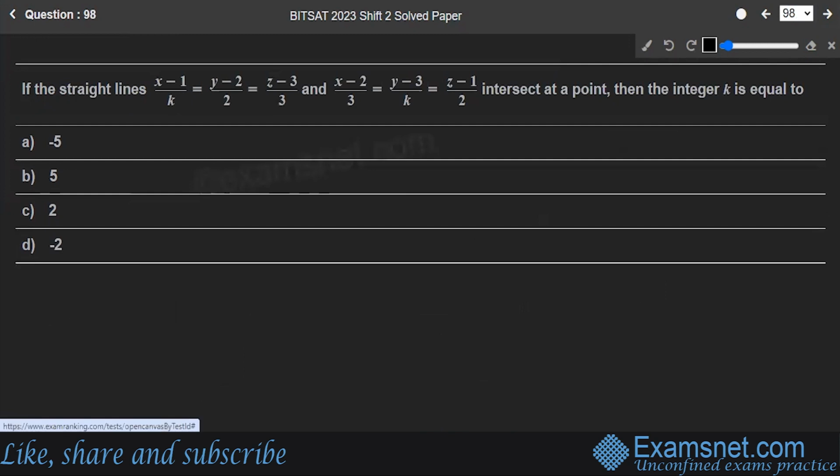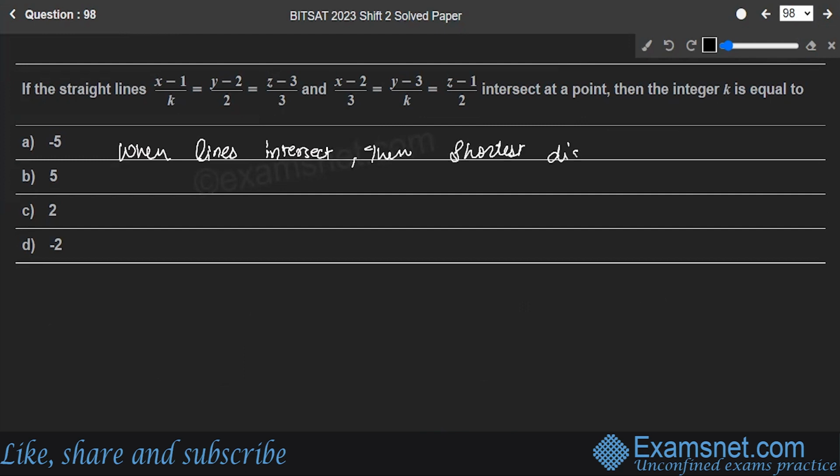Hope you understood this. Next is question number 98. If this straight line and this straight line intersect at a point, then the integer k is equal to. See, when the two lines intersect, then the shortest distance between them is 0.